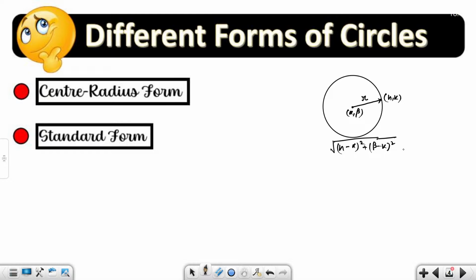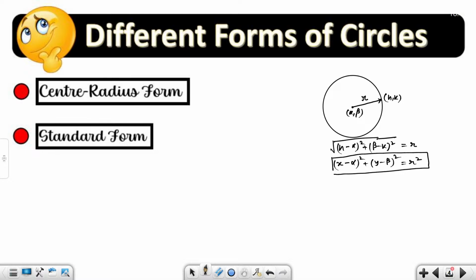And this is exactly equal to r, because r is the distance between the center alpha beta and the variable point h k. Therefore, the equation of the locus becomes x minus alpha whole square plus y minus beta whole square equals r squared. So this is what is called the center radius form.